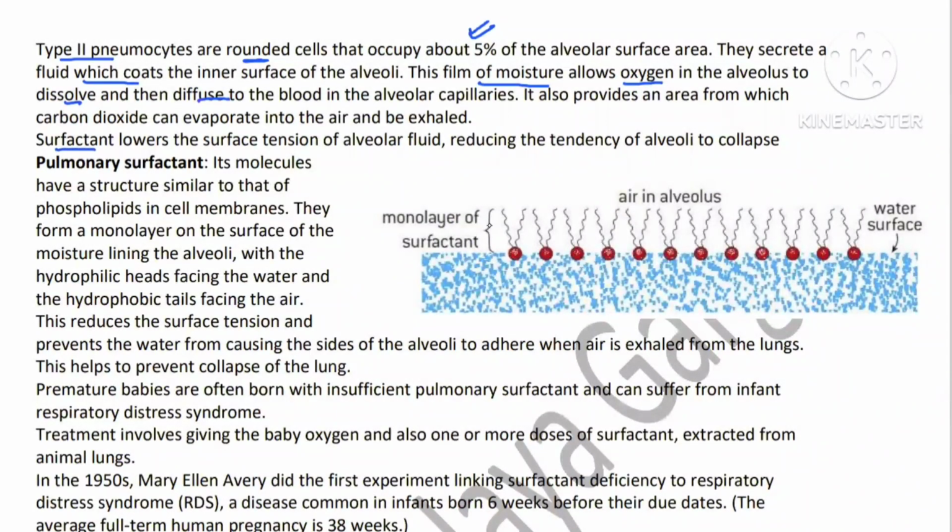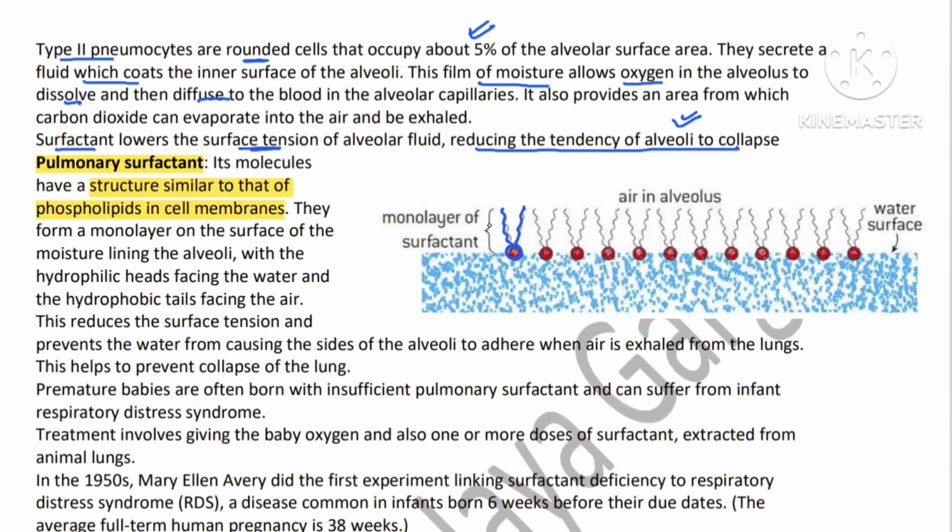Surfactant is the one which lowers the surface tension by reducing the tendency of alveoli to collapse at the time of expiration. Surfactant structure is similar to a phospholipid. And a phospholipid is made up of a hydrophilic end and a hydrophobic end. You know very well, in the cell chapter you have studied, this is the hydrophilic part and this is the hydrophobic part.